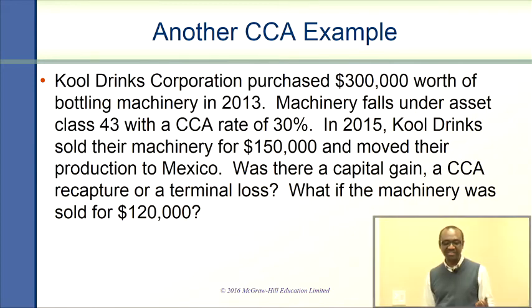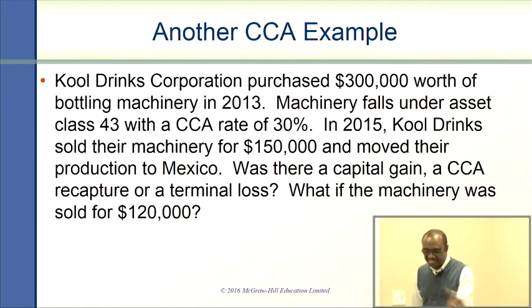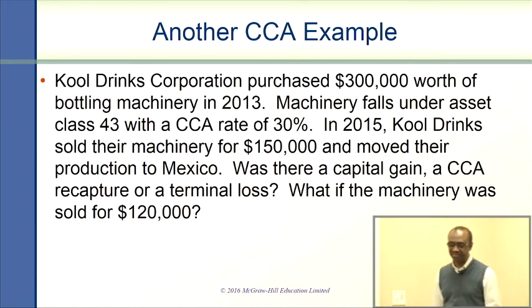Here we need to determine if there was a capital gain, a capital cost allowance recapture, or a terminal loss. And also what if the machine was sold for $120,000. This is the solution.